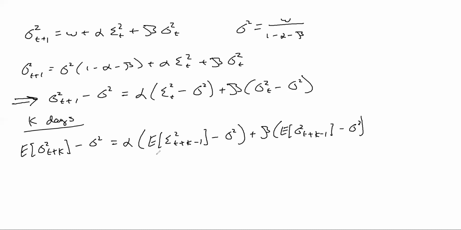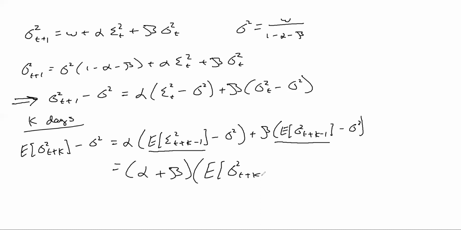And something that we've found from before, we know that the expected value of our error term squared is going to be the variance. So these two are actually the same, so we can combine it. This would give us alpha plus beta multiplied by the difference between the expected value of our variance k minus 1 days into the future minus the long-term variance.